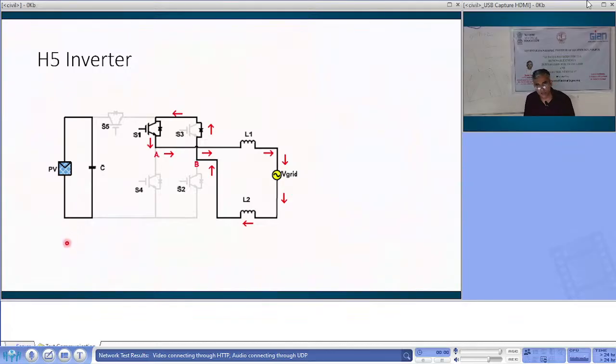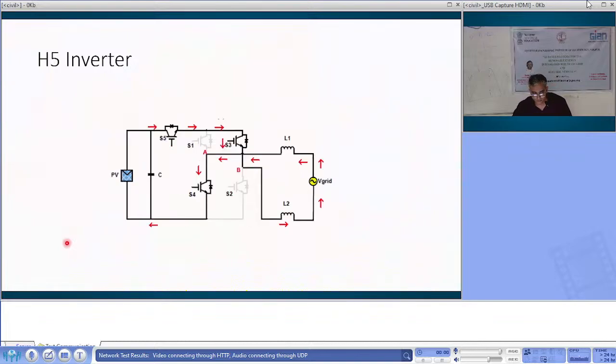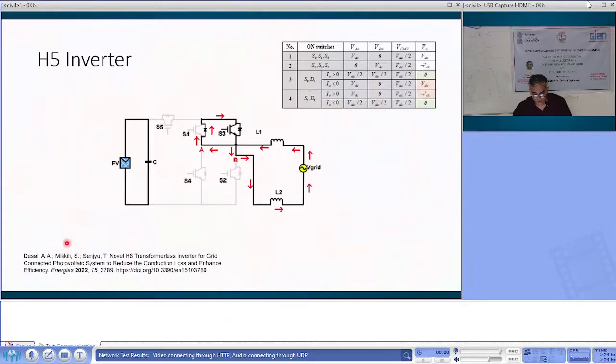So there is no chance of leakage current flowing in this system, because we are isolating the system. That is the H5 inverter. With the H5 inverter, you can see the common mode voltage is VDC by 2, remaining constant, not changing. So no common mode, no leakage current.